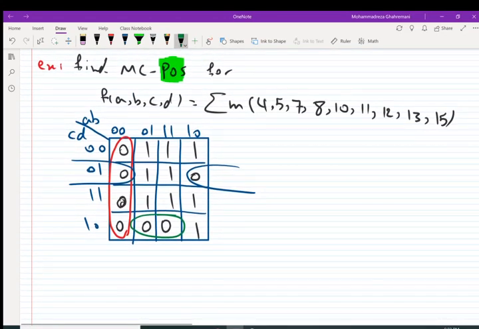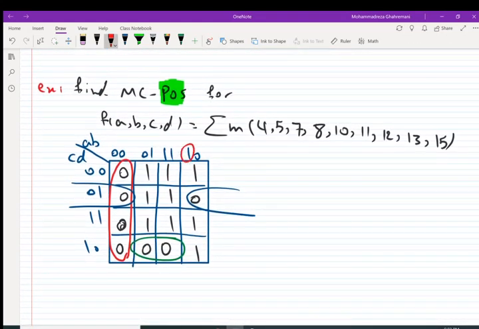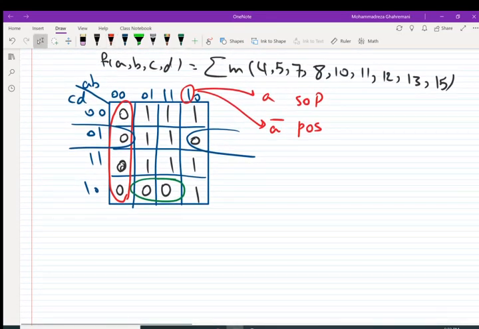One difference between sum of products and product of sum is that for sum of products, when we have 1 for the literal, we say this one is A. But for product of sum, it is A bar because we're dealing with zeros and it's the complement.